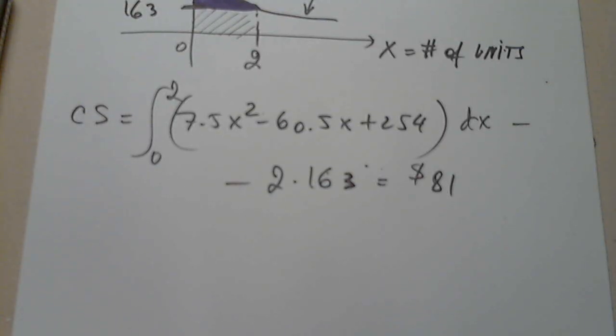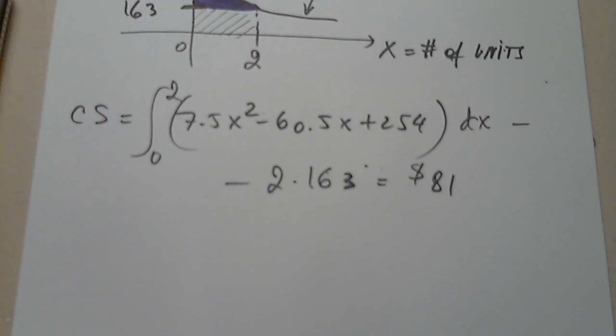Okay, so we want to determine. We go to math. And we go to 9. And I put in 0 to 2. And we get 7.5x squared, and then minus 60.5x, and plus 254. Don't forget the x, and then minus 2 times 163.